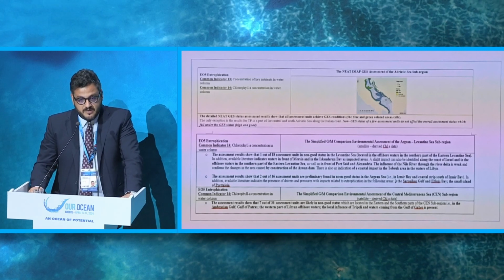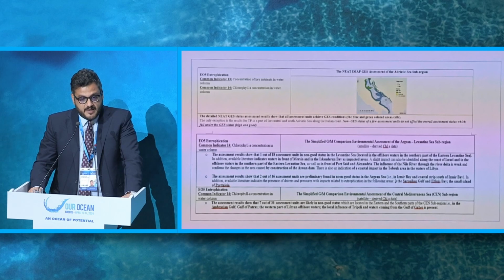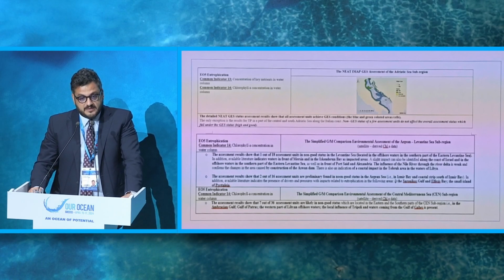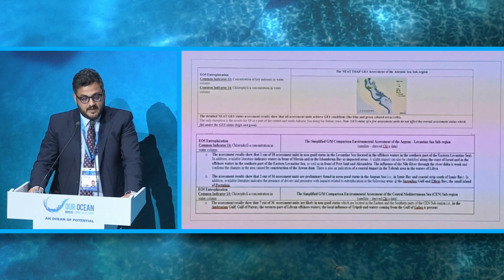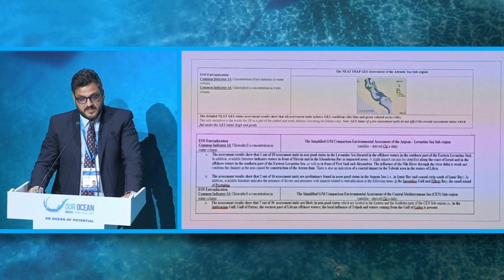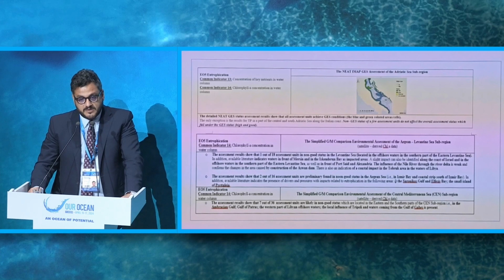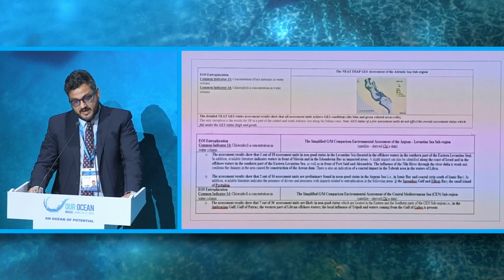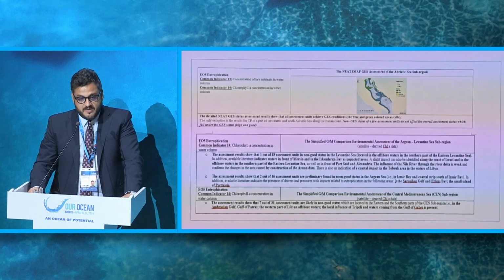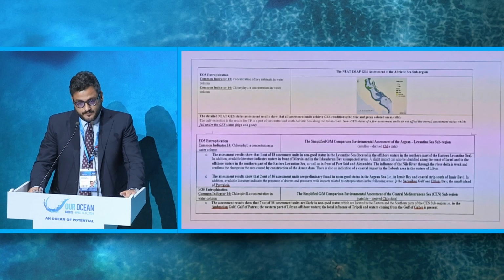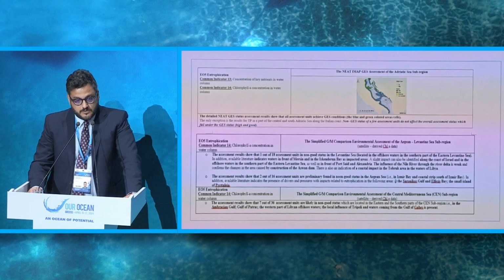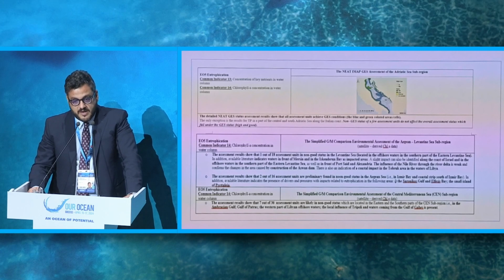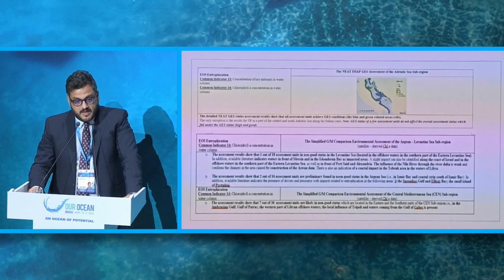In the Adriatic sub-region, the use of the NEAT revealed that many or all the stations achieve GES conditions. These are the blue and green colored cells. Then we have the Levantine and the Aegean Sea, the Levantine sub-region, the Aegean Sea, where we have also 1 out of 18 assessment units not in good status, whereas the rest are in good status.